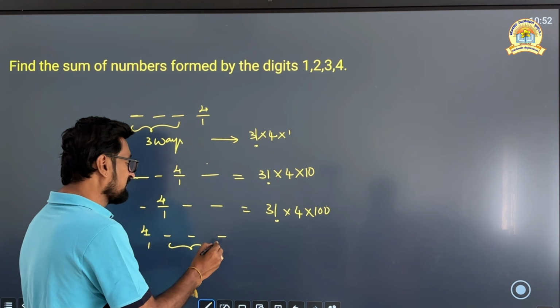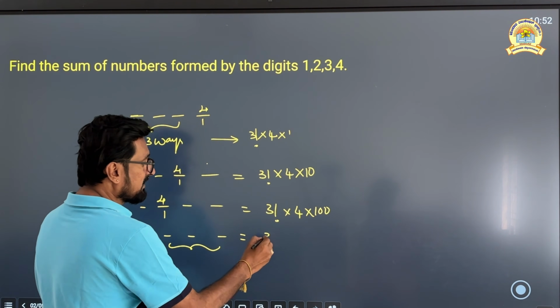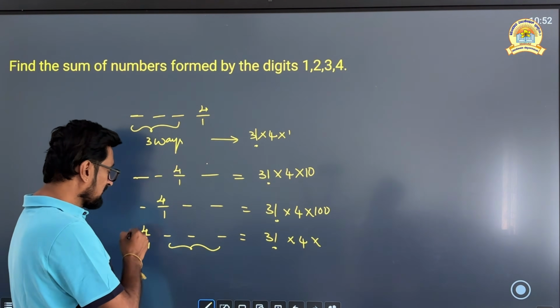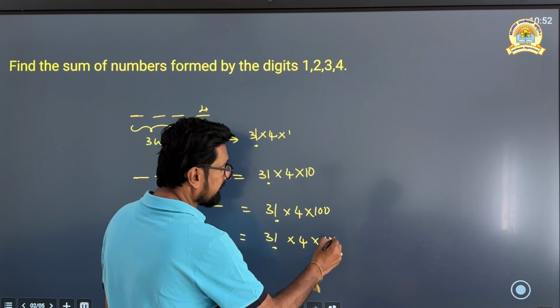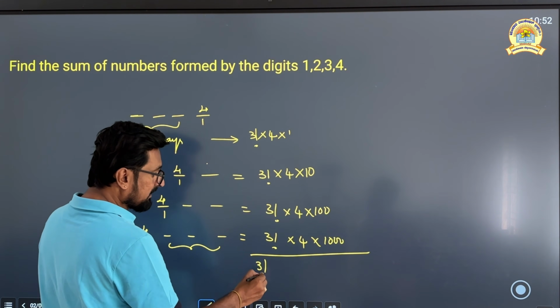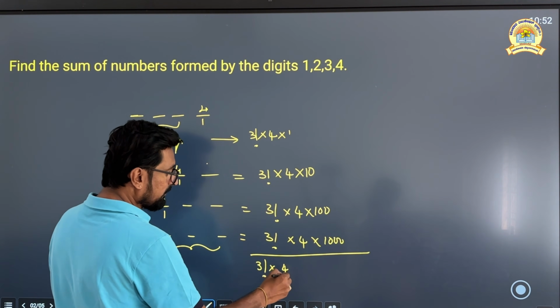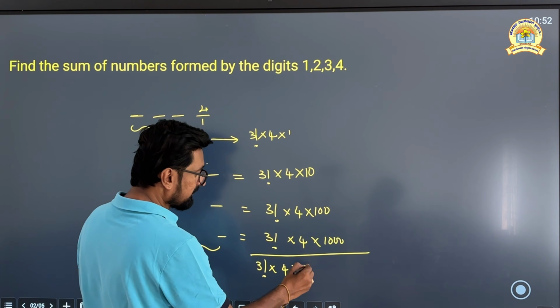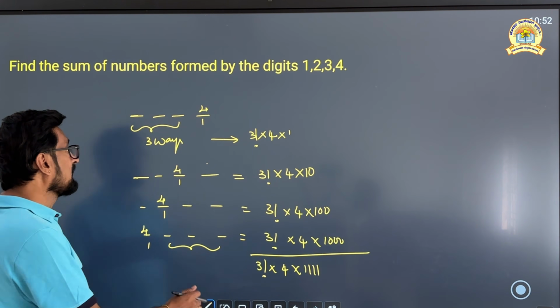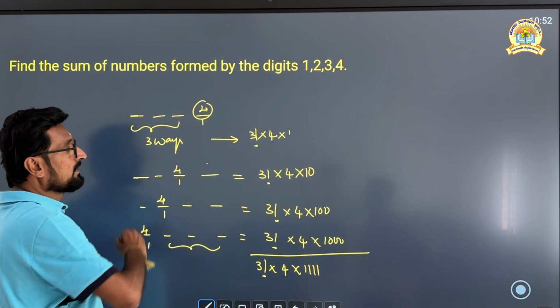These 3 places can be arranged in 3 factorial ways into 4 into the place value 1000. So the entire sum becomes 3 factorial into 4 into, if I add this, you are going to get this function. This is only by taking 4.